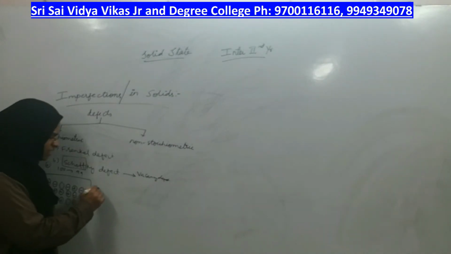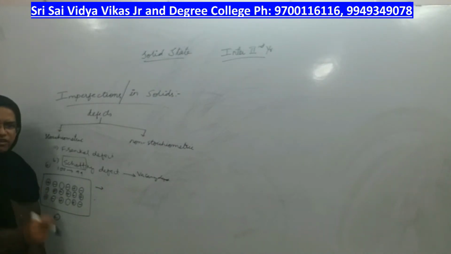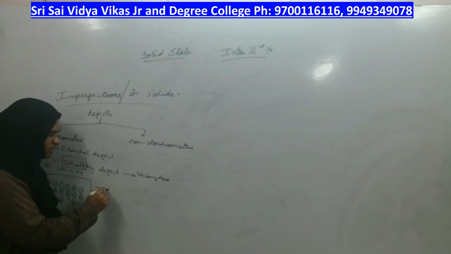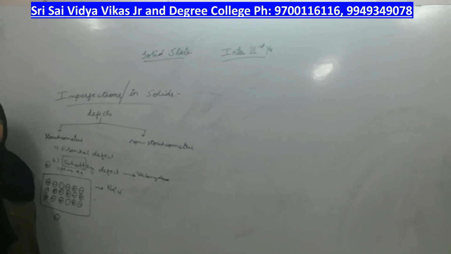When will this defect happen? Whenever a compound has similar size cations and similar size anions, then Schottky defect takes place. Because if both the ions are moving out with the same capacity, that means both must have the same size.